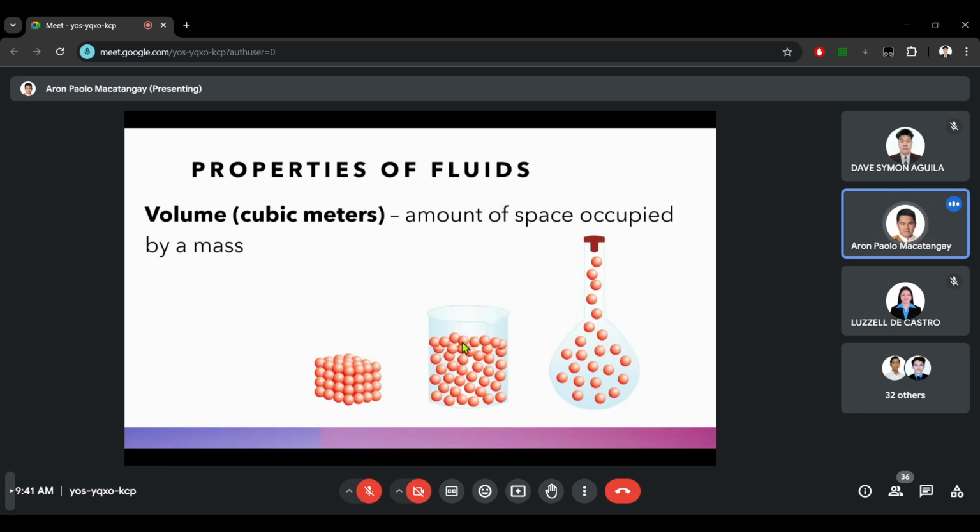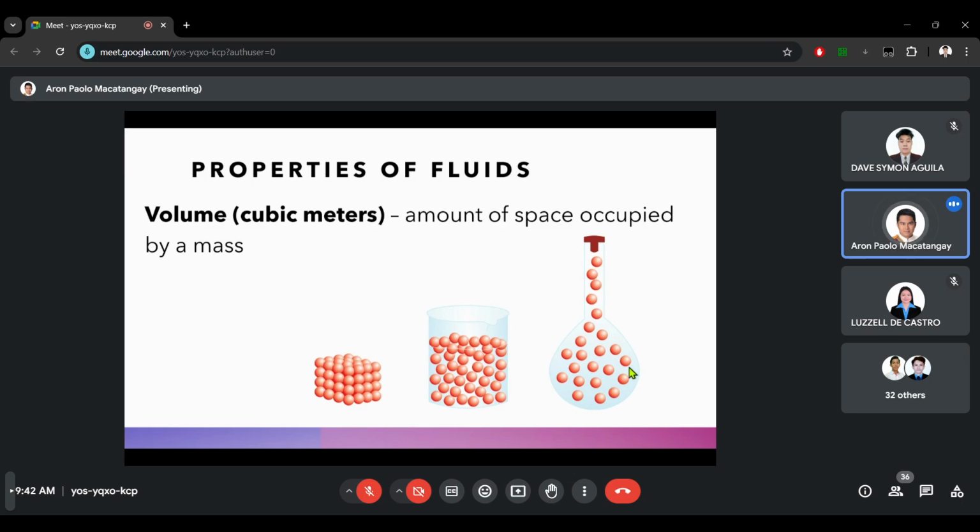For liquids, if you will notice, the total volume of the glass is not filled by the liquid. It only takes up a certain portion depending on the volume of the liquid.